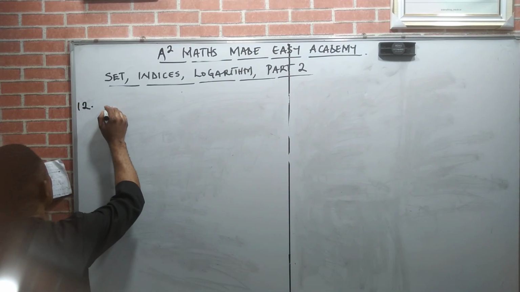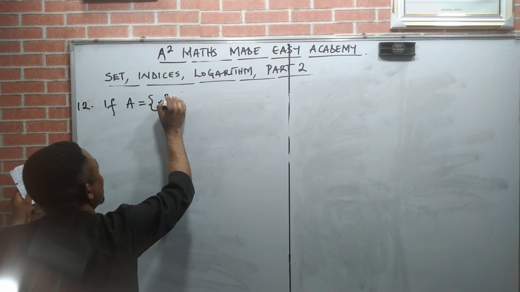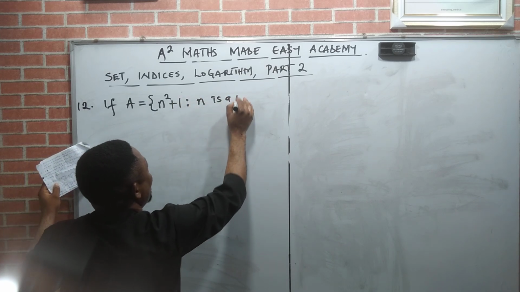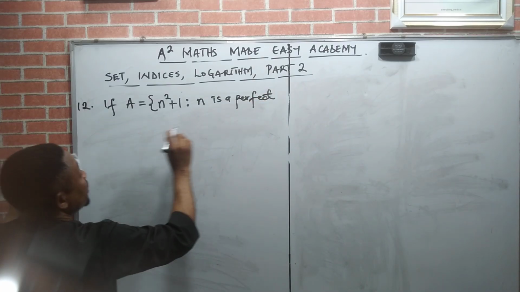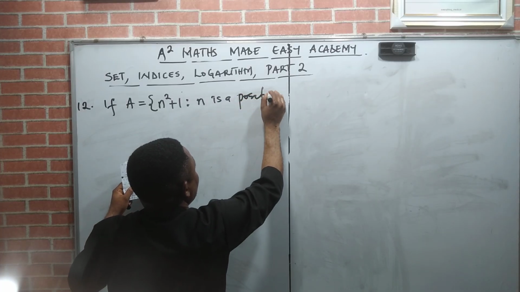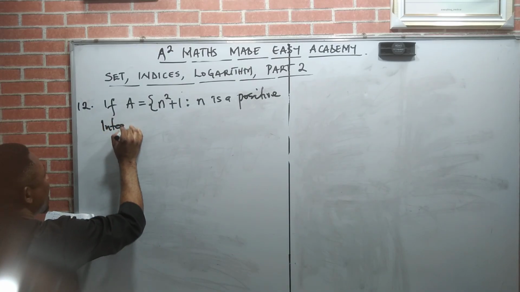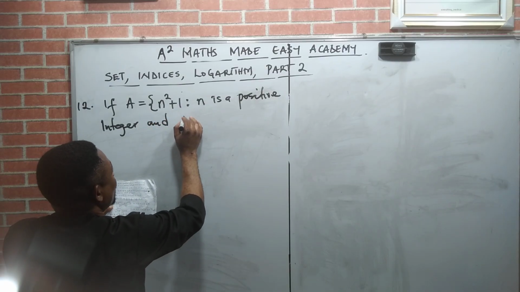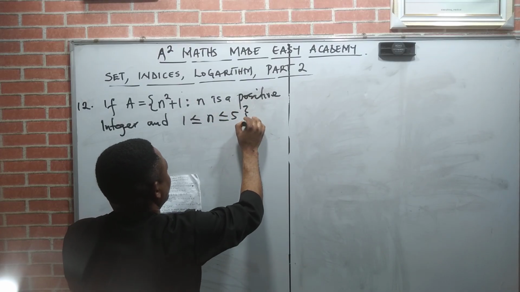Number 12 says, if set A is n squared plus 1 such that n is a positive integer, and 1 is less than or equal to n, while n is less than or equal to 5.